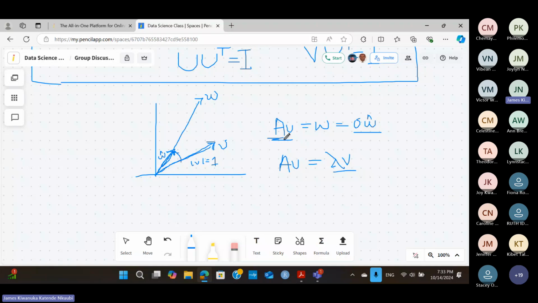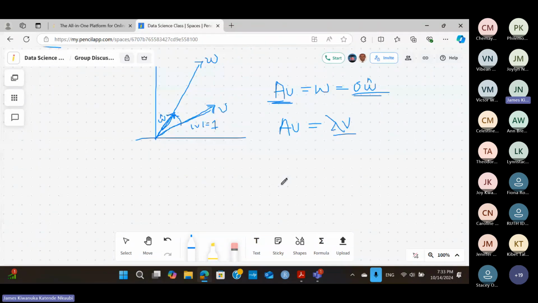So basically, this is what the singular value decomposition takes advantage of. What happens is you can pick a basis. If you're working in R2, a basis containing the vectors V1 and V2, and then you can assume that this is what happens.